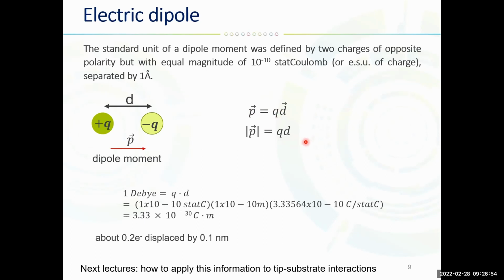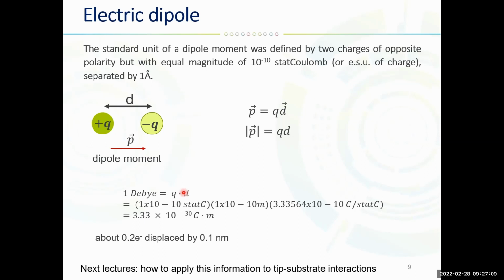So we need a system of units to measure dipole moments, and the unit historically used is the debye. The debye is a bit of an old measure.